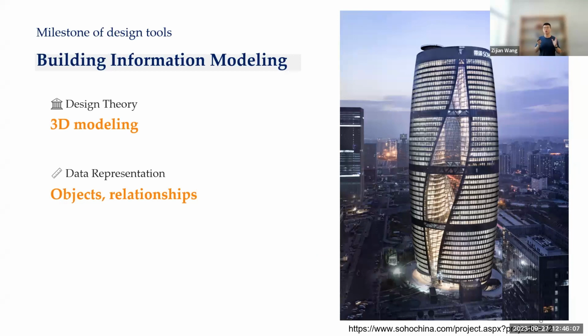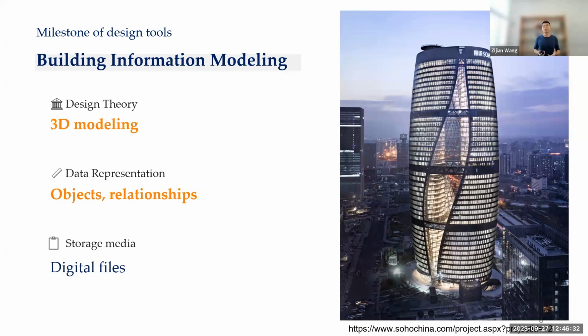For example, a cube is not only a collection of lines anymore. It also stands for a wall in BIM. However, BIM still uses digital files to store media. This has not changed.